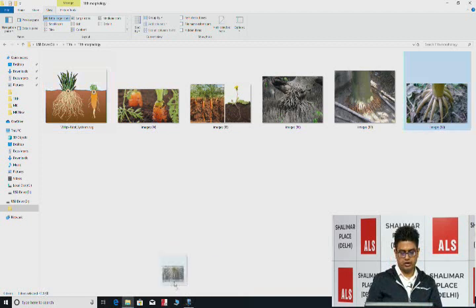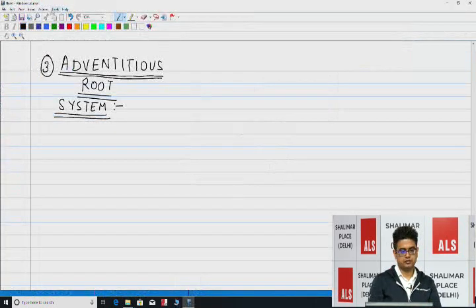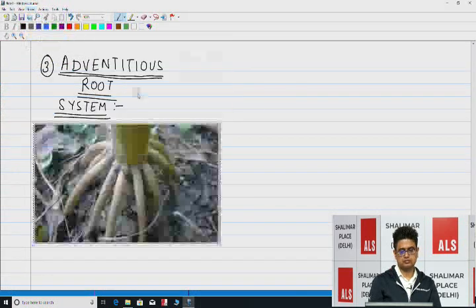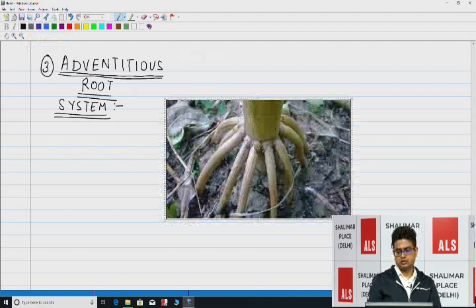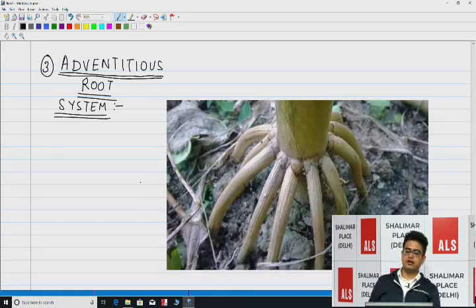So I want you to take a look at this. This is a kind of root which is coming from above the ground, not below the ground.